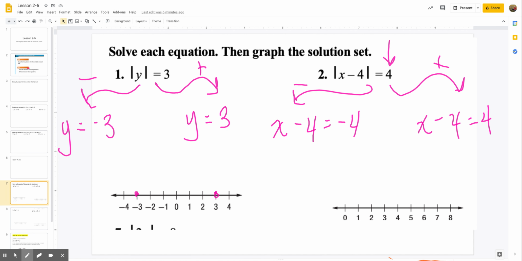The nice thing about doing this is now we can just solve for these variables across the board, because it's going to be the same. I want to get x by itself, so I'm just going to add 4 to both sides. Here and here.